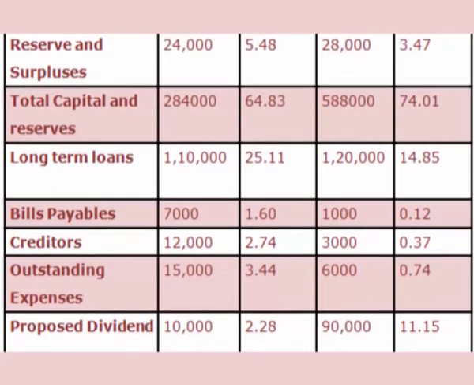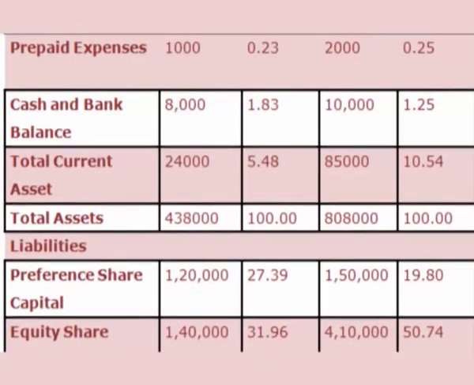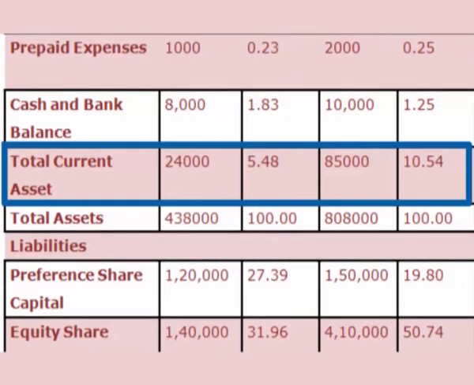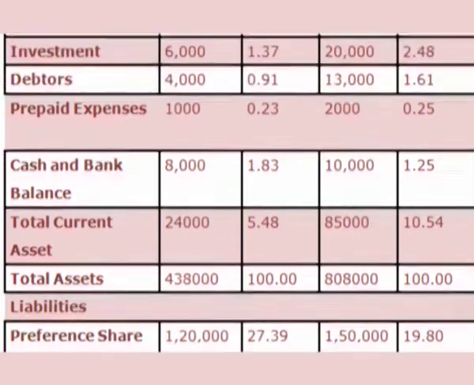Students, if you analyze this balance sheet properly, there is a good improvement in the total current assets portfolio for the company, which has improved from 5.48% to 10.54% from the year 2014 to 2015 respectively.